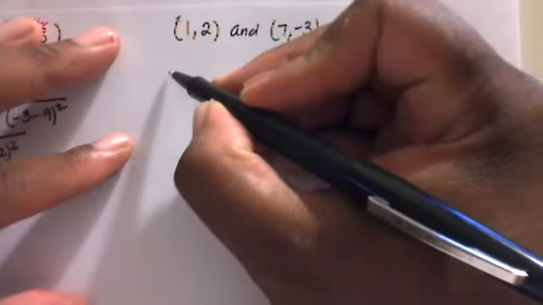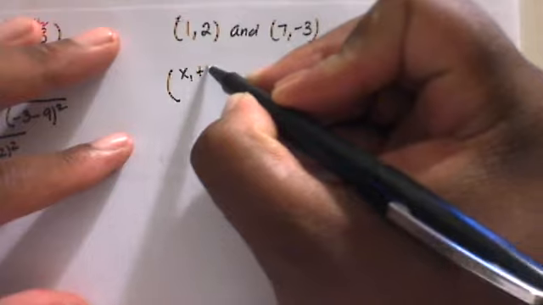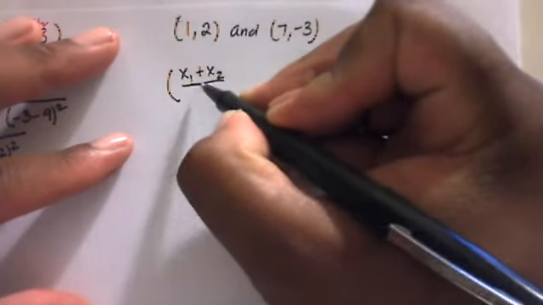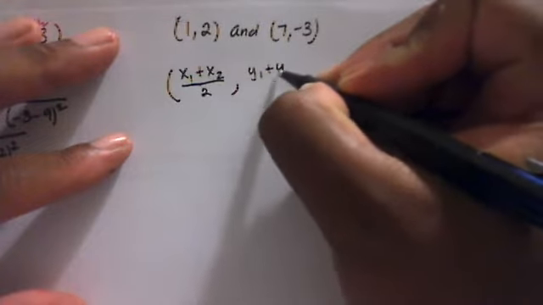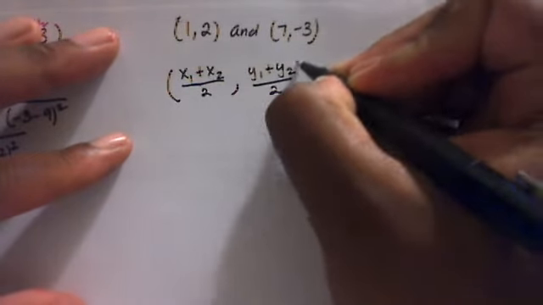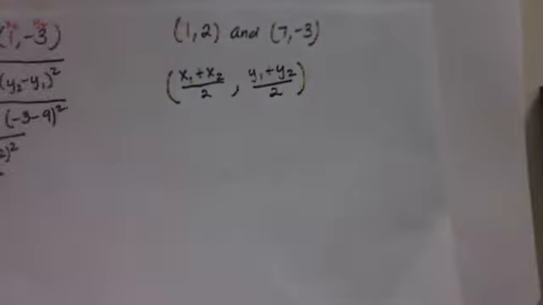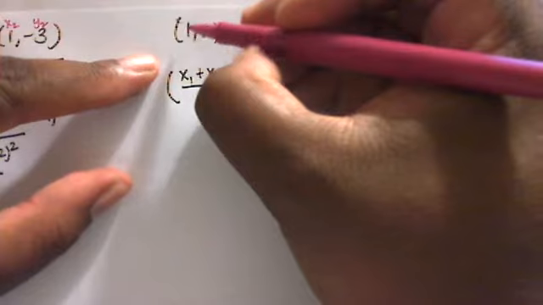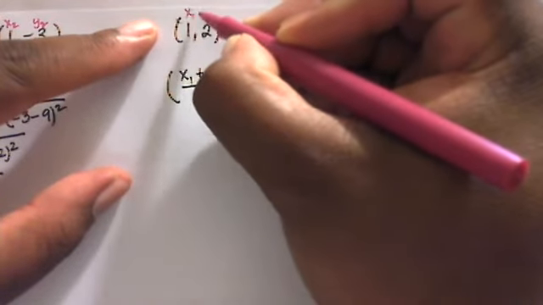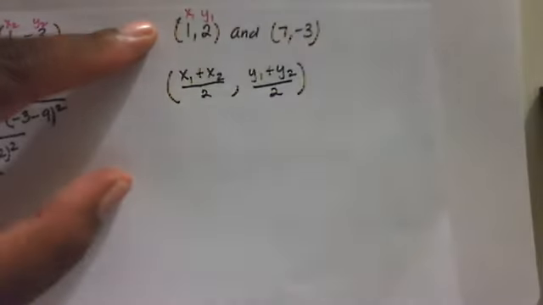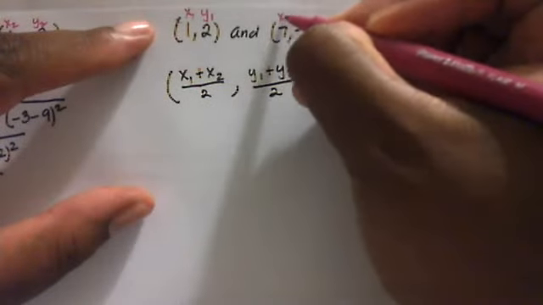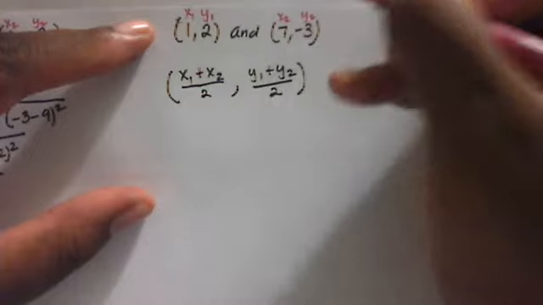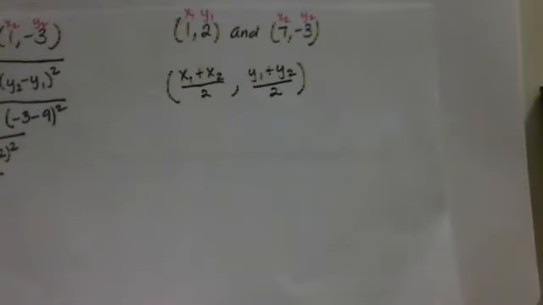Now, using that midpoint formula, we have x1 plus x2 divided by 2. And then the y coordinate of that midpoint is y1 plus y2 divided by 2. So in this case here, the first point is 1, 2, so x1 will be 1, y1 will be 2. And then for the second point, 7, negative 3, x2 will be 7, and y2 will be negative 3.